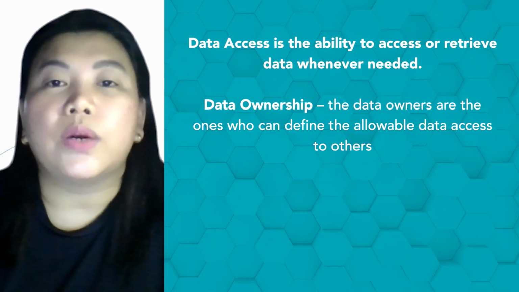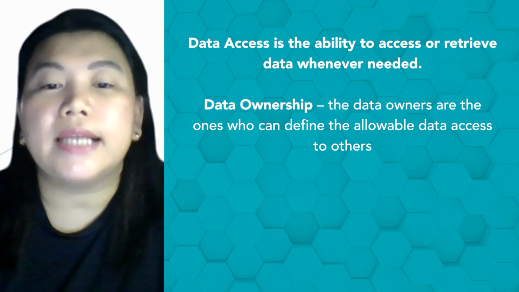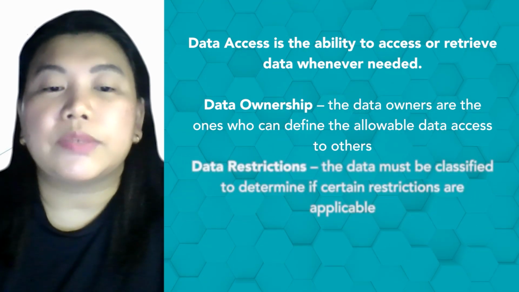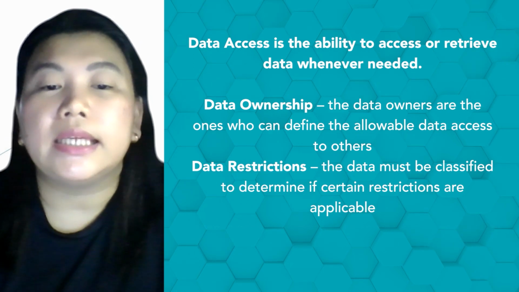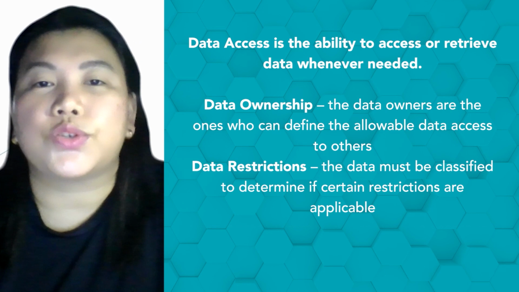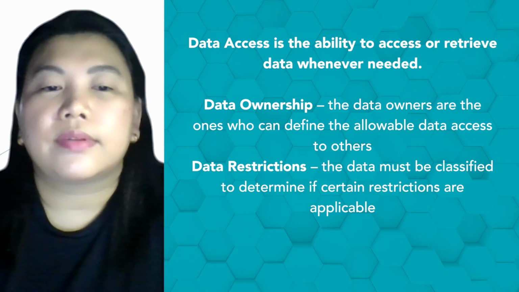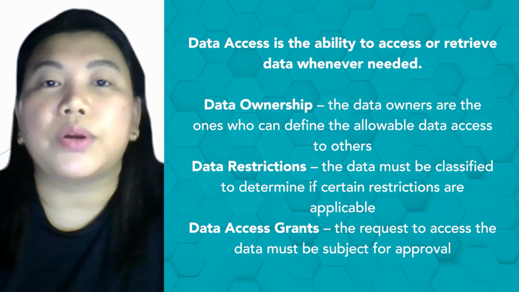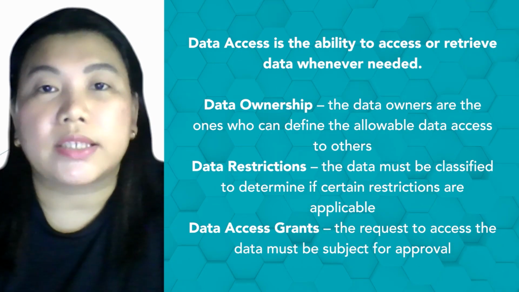Data owners are the ones who define the allowable data access to users. Data must be classified accordingly in order to determine and apply certain restrictions. Access to data must also be subject to approval based on the request received.